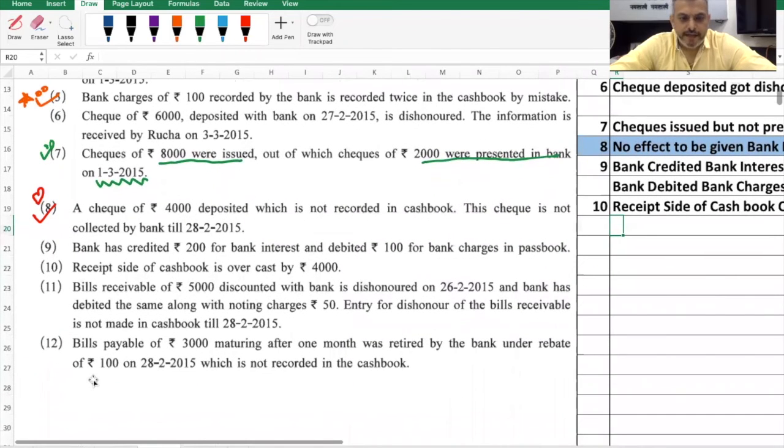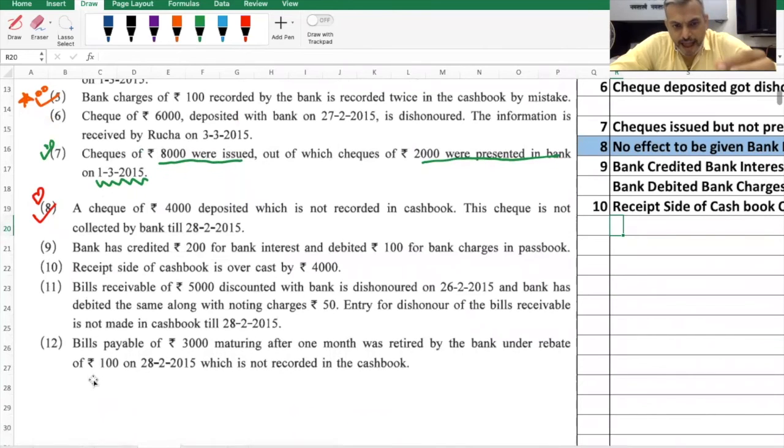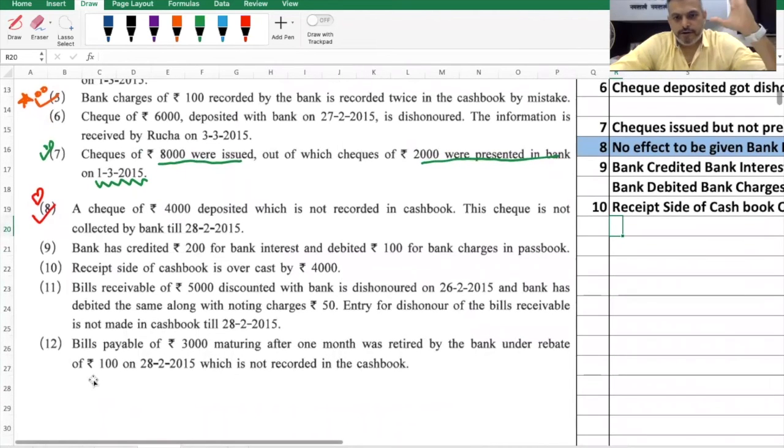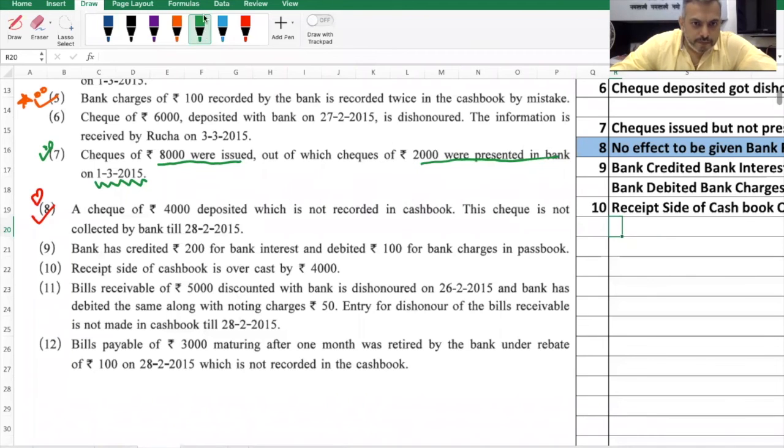11th, please pay attention. Bill receivable of 5,000 discounted with the bank is dishonored and bank has debited, important word over here, bank has debited the same along with noting charges rupees 50.